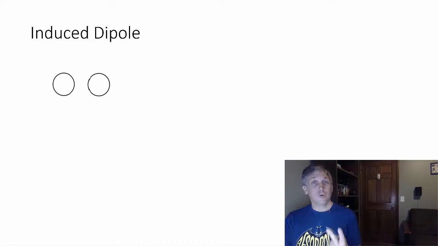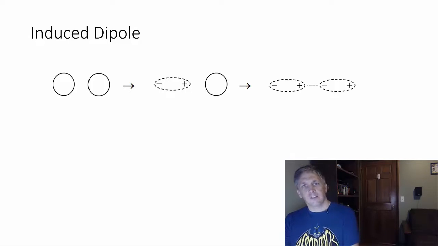Or let's say you have two nonpolar molecules near each other. One of them suddenly becomes an instantaneous dipole. That's going to cause the other one to become an induced dipole. So the instantaneous dipole induces the other. You can imagine a nonpolar substance, like in our last case, with all these nonpolar molecules.